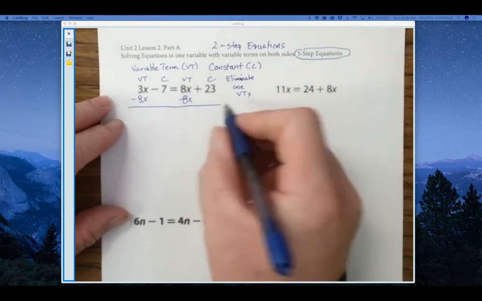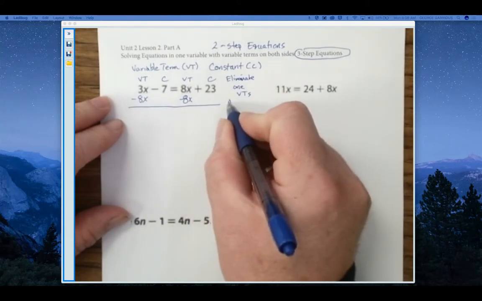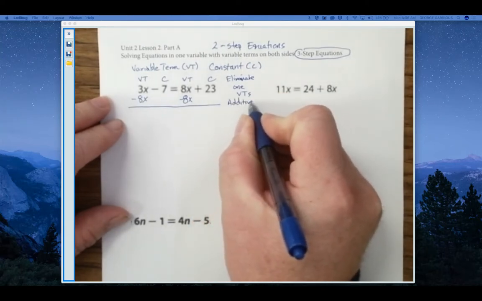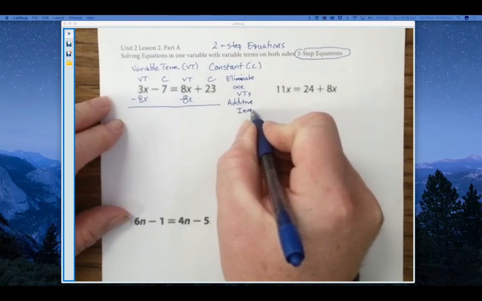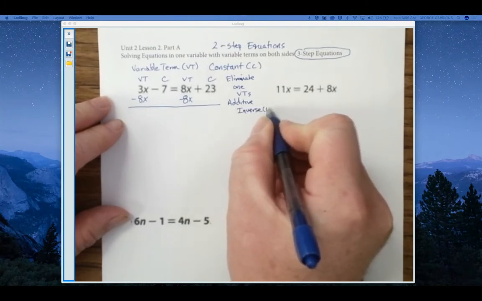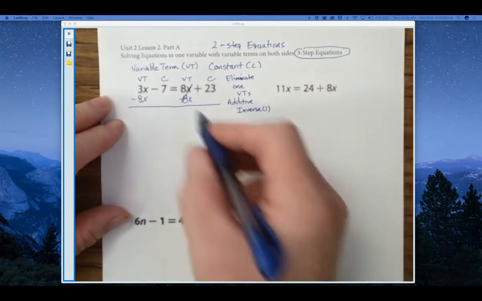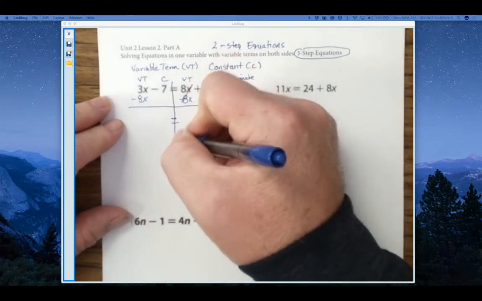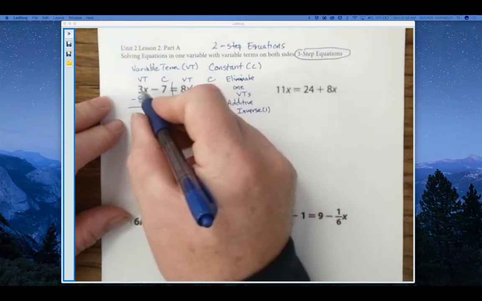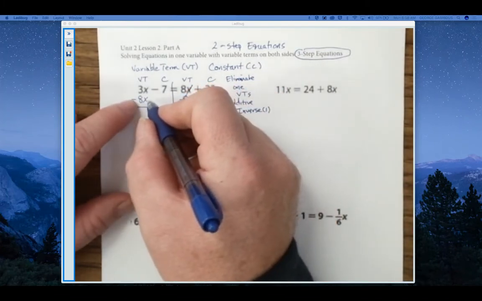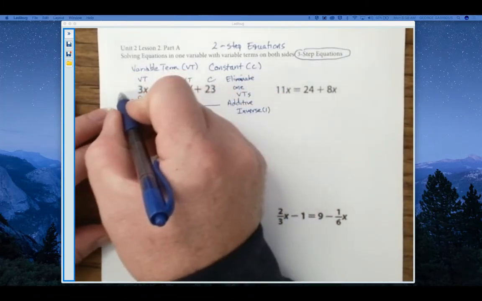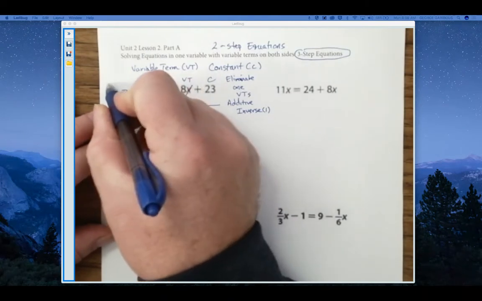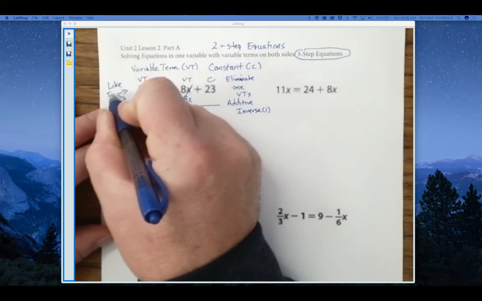So we do the additive inverse twice. So this is additive inverse. The first one, where we have now gotten 0x over here. So I still want to have a vertical line, and I'm aligning like terms. So these two guys are like terms.